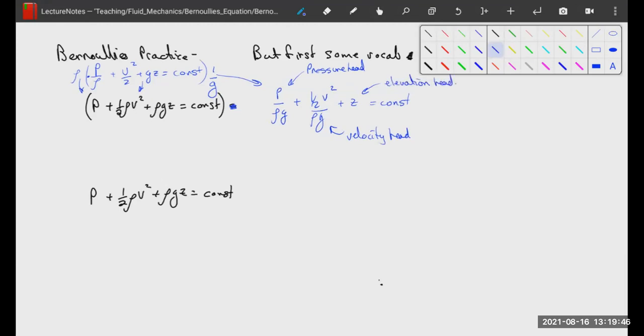And this was historically very useful because, as we talked about with manometers, pressures were typically measured using manometers. So you could then talk about all of these quantities just in terms of the heights you were measuring off of your manometers, right? So let's say there was an elevation head of 18 centimeters.